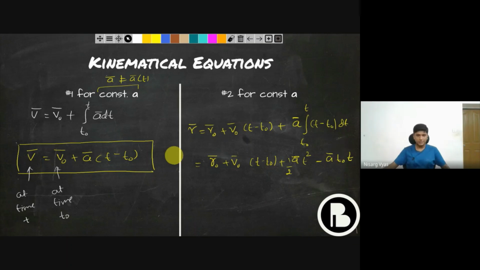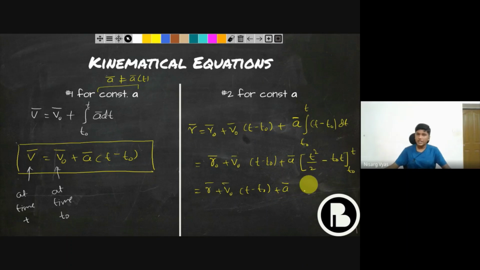A little bit harder integral to solve in terms of just algebra, nothing else. So I should not write it directly here. What I should do instead is keep the a vector out for the whole process. It is t square by 2 minus t naught into t. Now you can put both the limits: r vector plus v naught vector (t minus t naught) plus a vector.